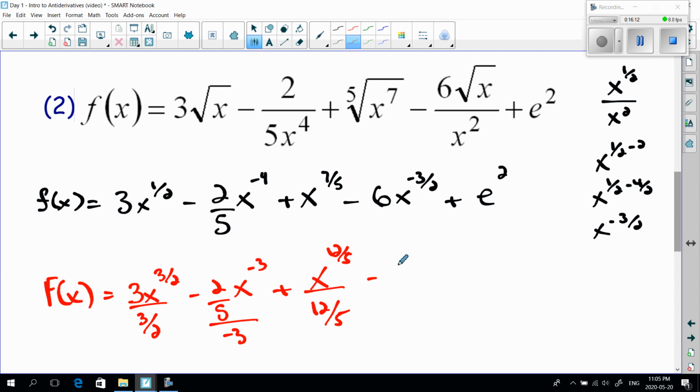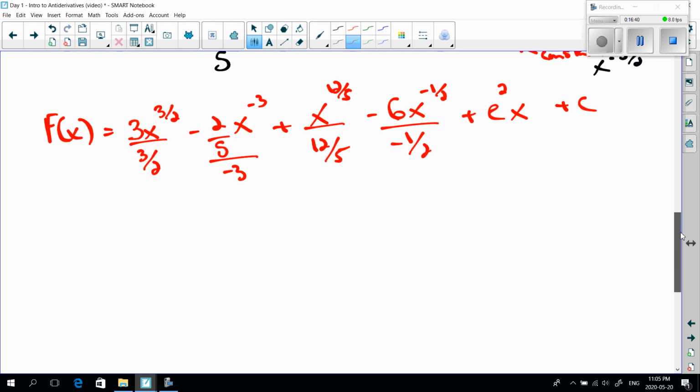This would become negative 6x to the negative 3 over 2 plus 2 over 2 plus 1 would give me negative 1 over 2. I divide by negative 1 over 2. Remember, this is a constant, and the antiderivative of a constant would be e squared x plus c.